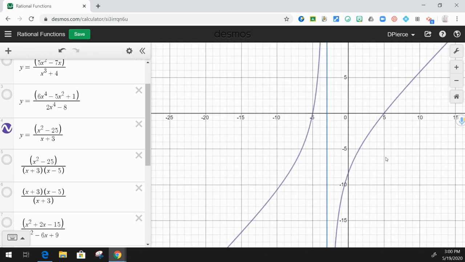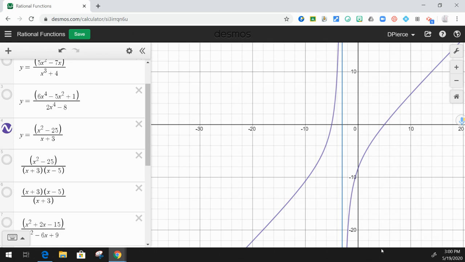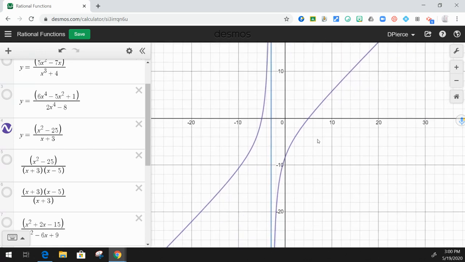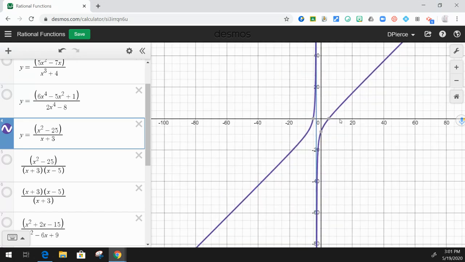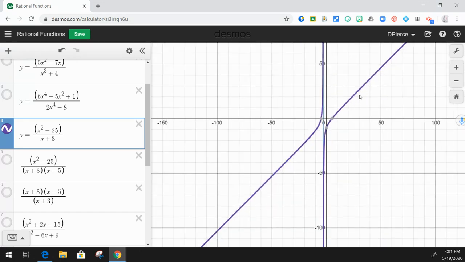Okay, so now let's see what this graph looks like. I'm going to zoom out a bit. All right, so we've got our vertical asymptote there. We've got our x-intercepts here at negative 5, 0 and positive 5, 0, and our y-intercept at negative 8.3. And you can see that if we scroll out, these two pieces would kind of make a diagonal line.